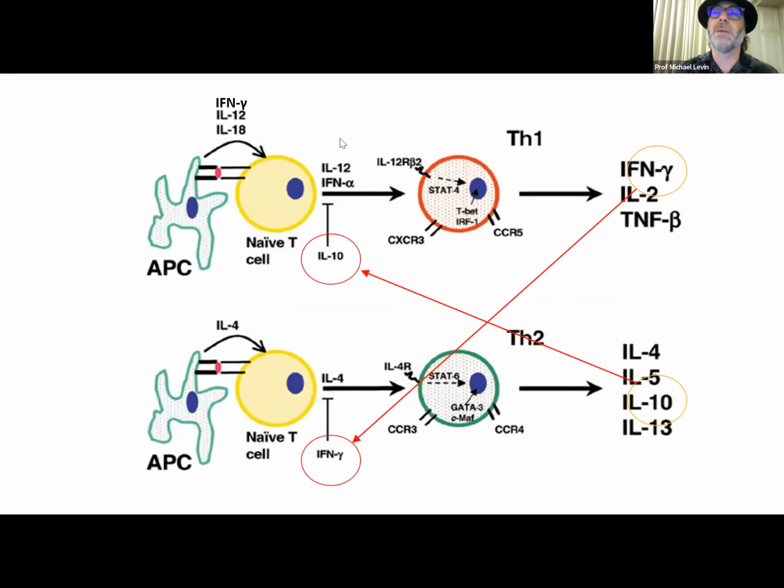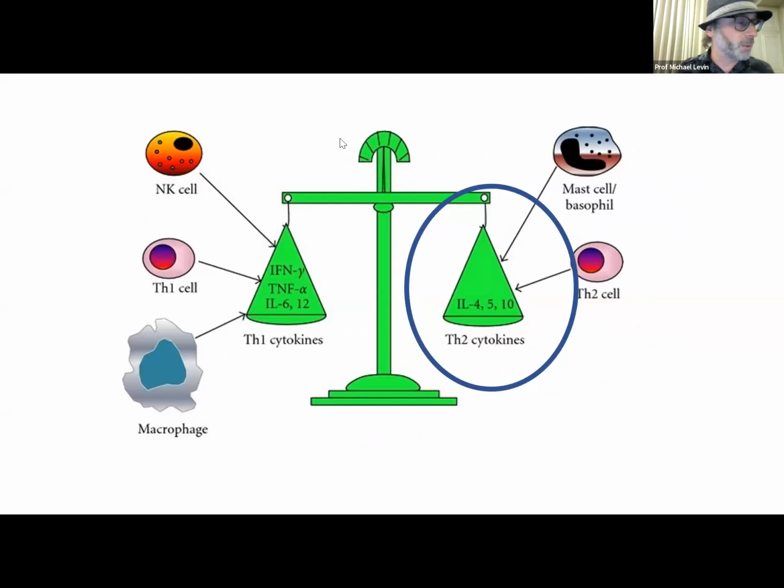You can see that type 1 immunity with interferon gamma damps down type 2 immunity, and type 2 immunity with interleukin 10 damps down type 1 immunity. So they are in a bit of a seesaw between each other. And what we want to do is focus a little bit on what that means for us in the world of allergy.